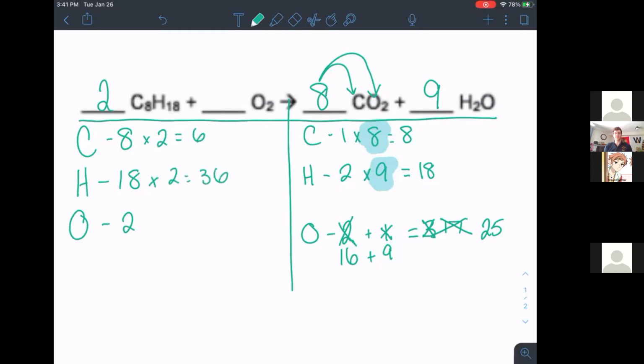36. Now nothing matches. How can I get my carbons to match? If I already multiplied my CO2 by 8, what else do I have to multiply it by to make my carbons now match? 2.